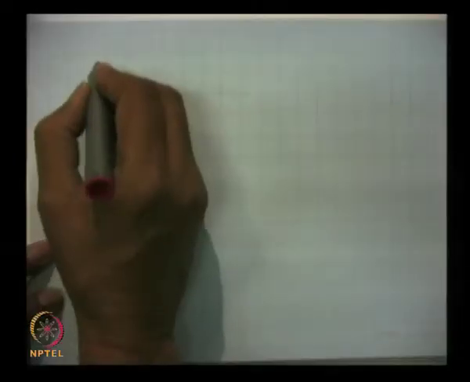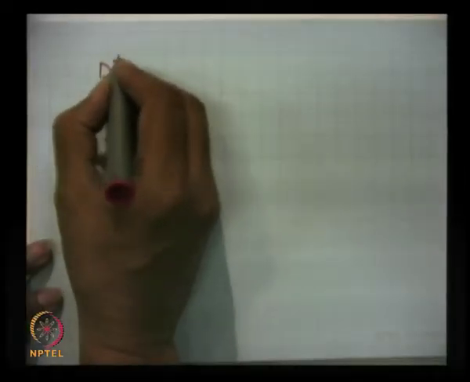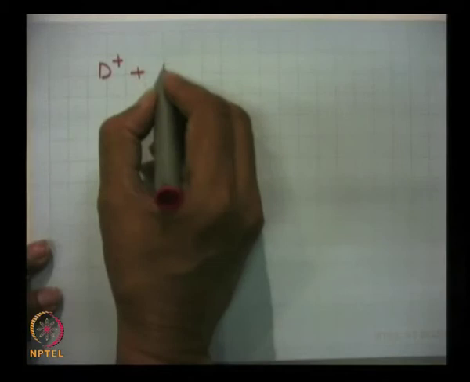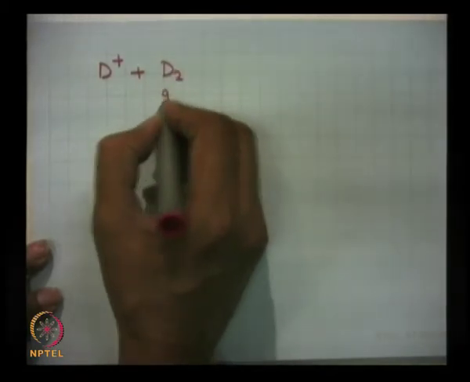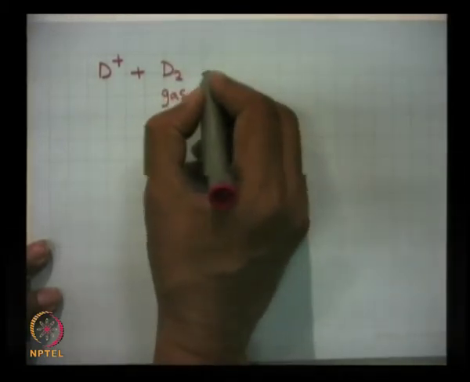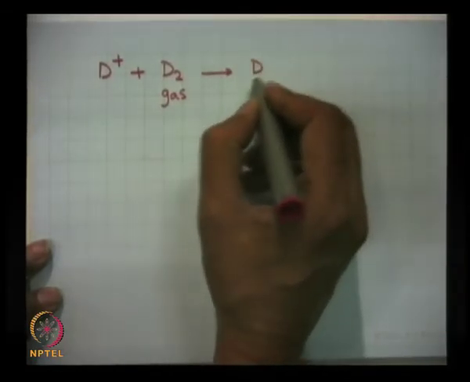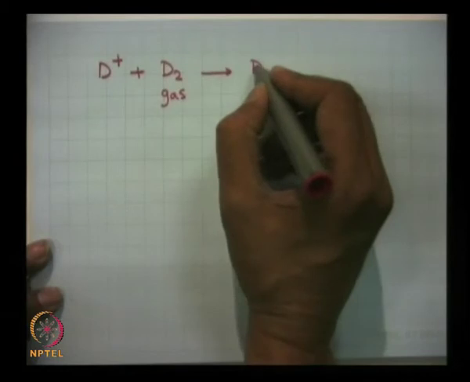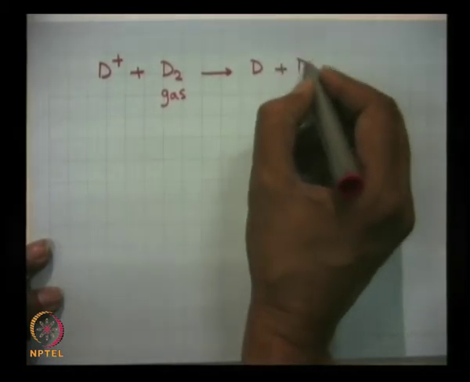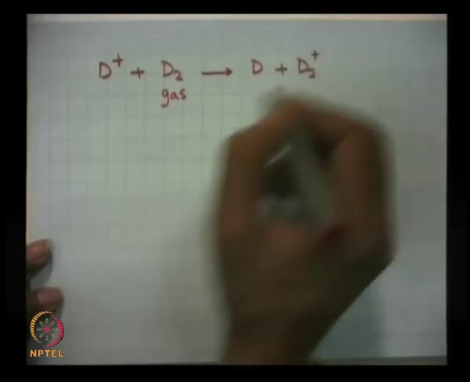Now, the physics is rather simple. First of all, the neutralizer, what does it do? In a neutralizer, the deuterium ions collide with deuterium gas molecules and they undergo exchange collisions. So, this produces deuterium without any charge, plus a D2 ion is created like that.